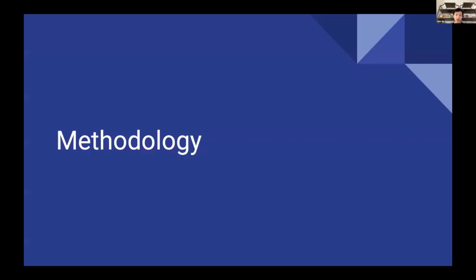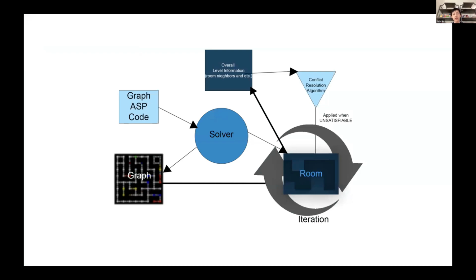So let's get into the actual methodology of how answer set programming works in conjunction with 2D Metroidvania games, because I've been hinting towards this, and I want to get to that. This is just a general graph behind the level generation that we're dealing with.